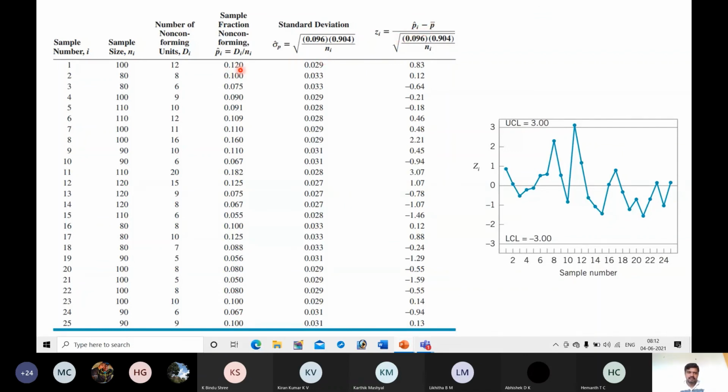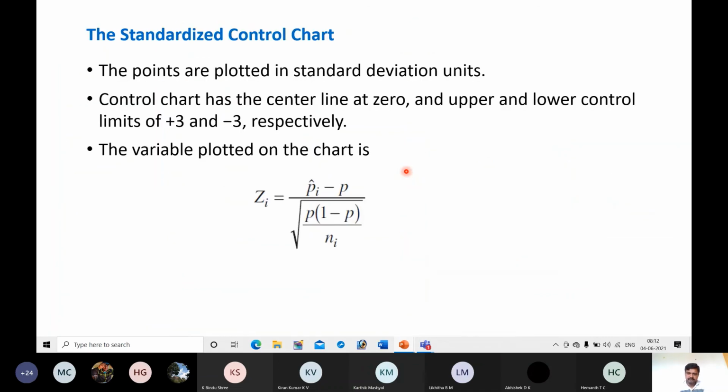For the first case, 0.120 minus 0.096 divided by 0.029 will give you this value 0.83. So you have to find out these Z values. This is a variable, so on the control chart also we are plotting these Z values for the standardized control chart approach.